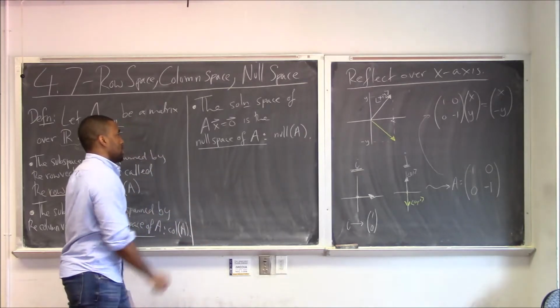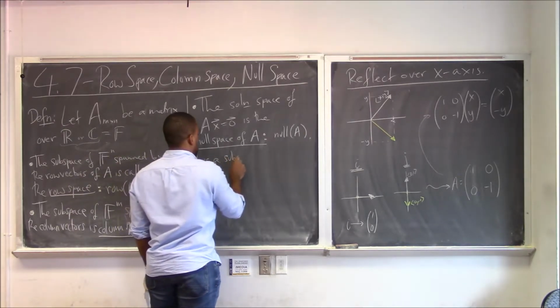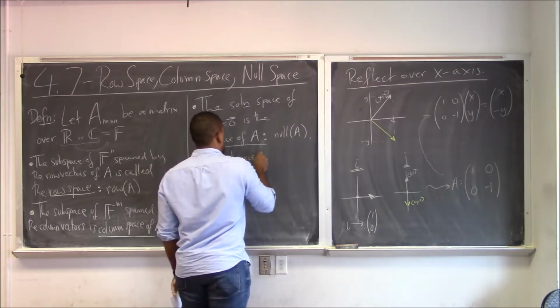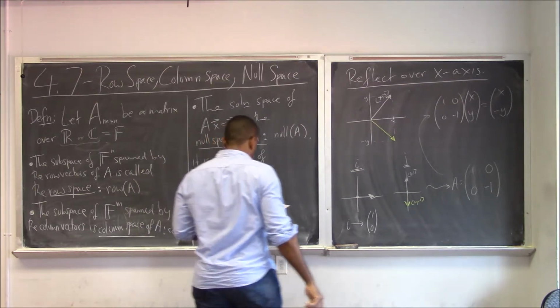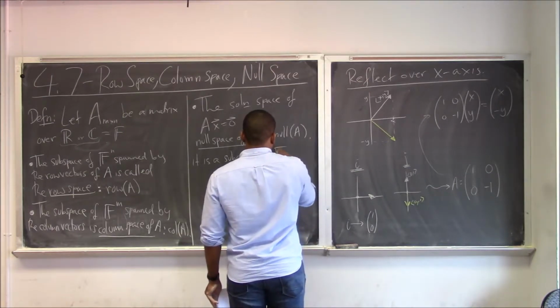The null space of A is a subspace of Fn.